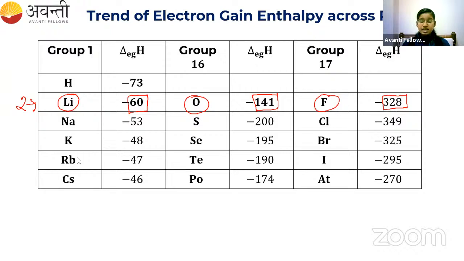Just by seeing these three numbers alone, what is the trend we have across the period for electron gain enthalpy? Is it increasing or decreasing? 60, 141, 328. Very easy, no? Across the period from left to right.